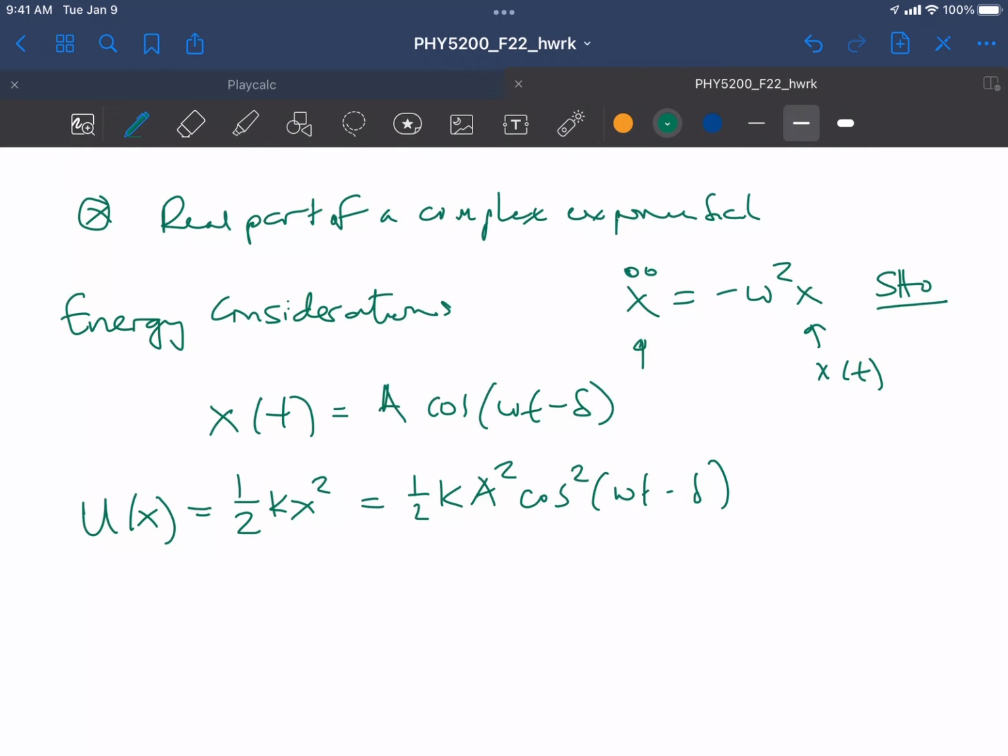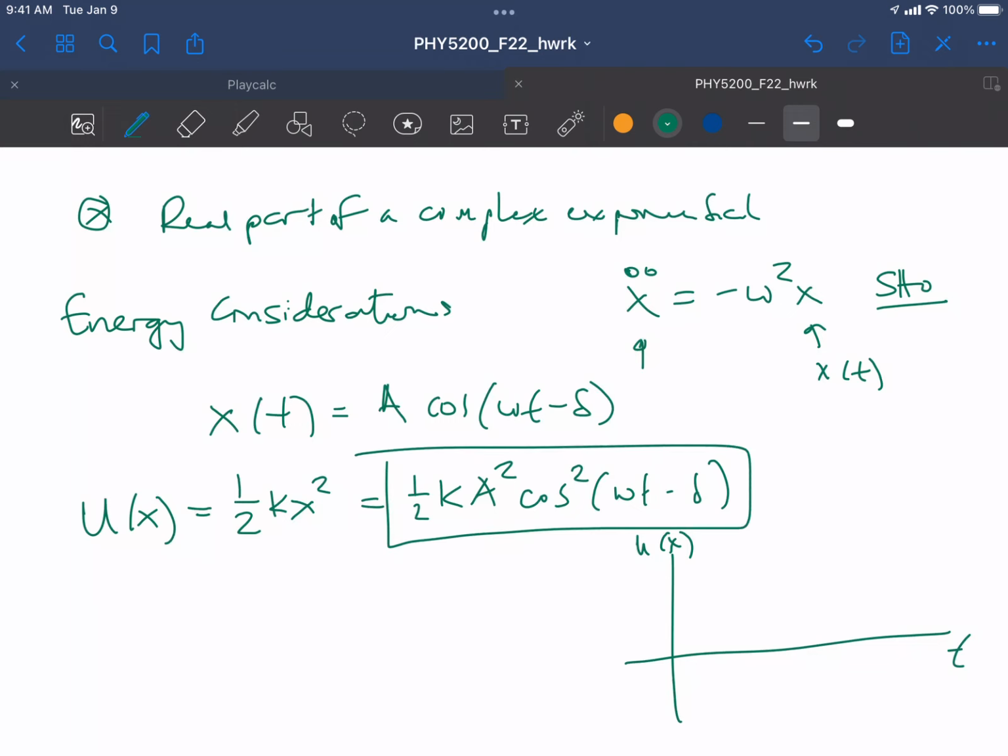So you could use this to plot the potential energy U of x versus time, because you know the position as a function of time, and the potential energy is a constant times that position squared. Okay, so that is the potential energy as a function of time.